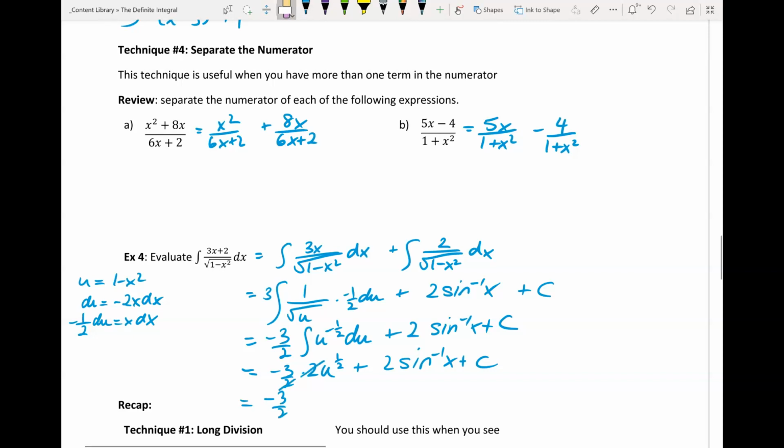I guess that 2's gone, so I'll erase that. And we are done here. You could also change the exponential form into radical form if you want for 1 minus x squared.